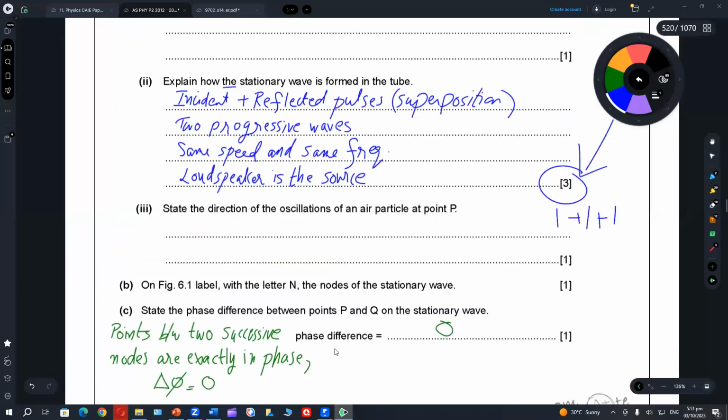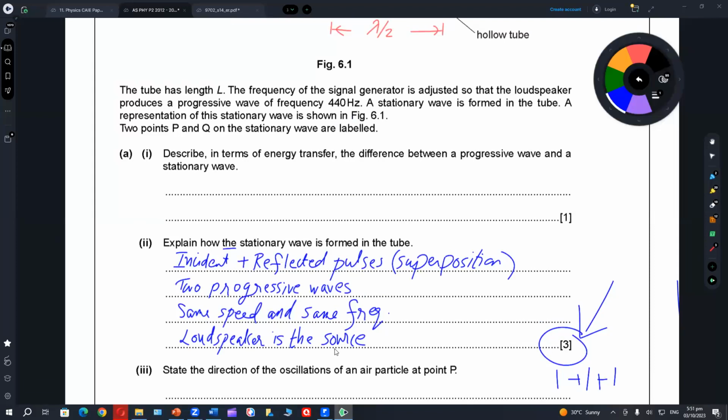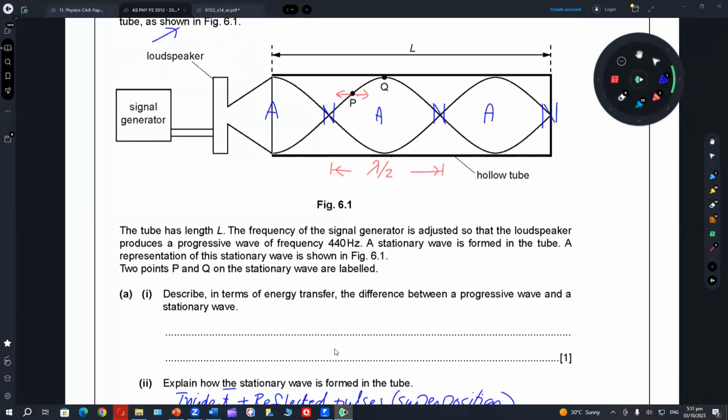Now this question is also famous. So how can I find L?